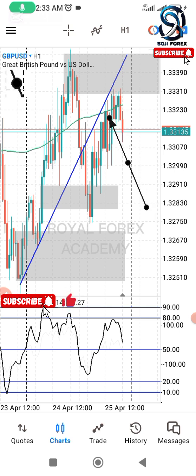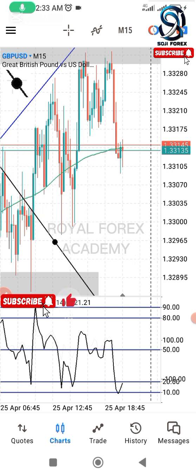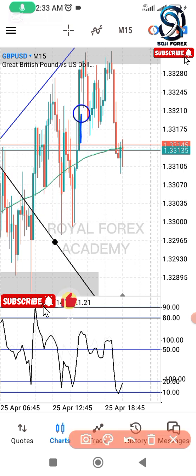Let's confirm on a 15-minute and see what exactly plays out. Beautiful. Now look at this. Price went, price came down, price went, and then price came down. Now if you look at this carefully, this is a divergence. Why?